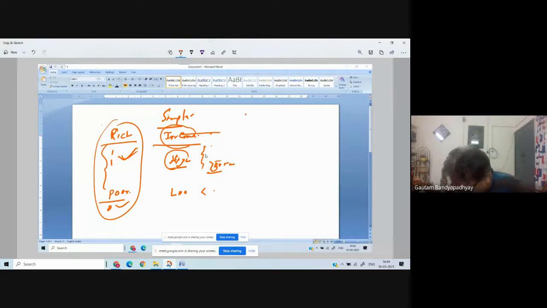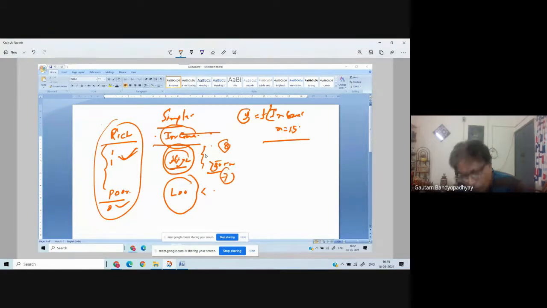So this classification depends on a single independent variable, that is a function of income. What problem will we face? Say this income level is given and this income level is given. Suppose your sample size is 15, only for your understanding, and out of 15, 8 are rich and 7 are poor.